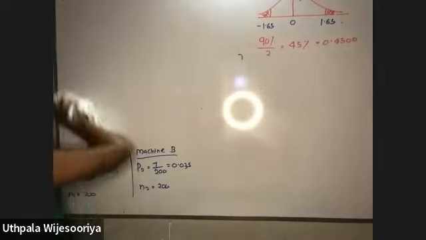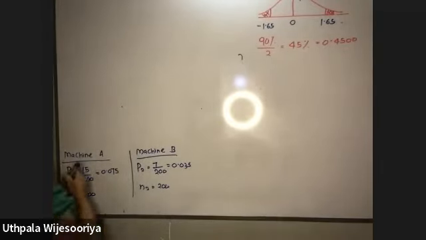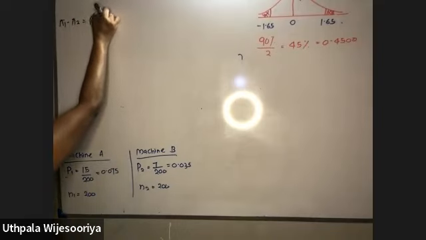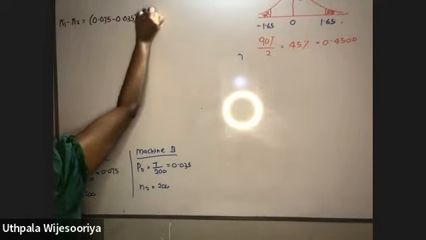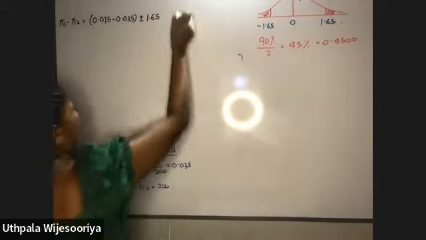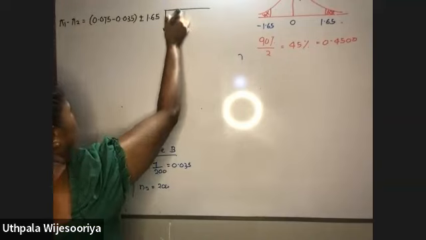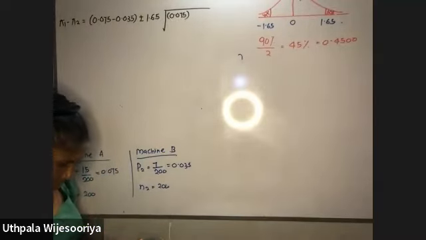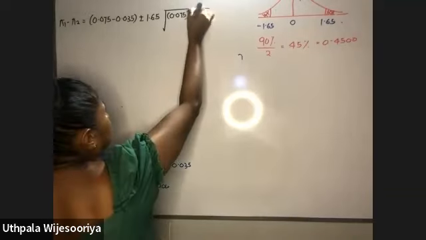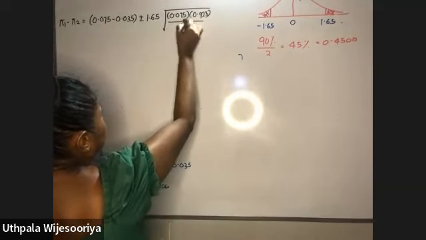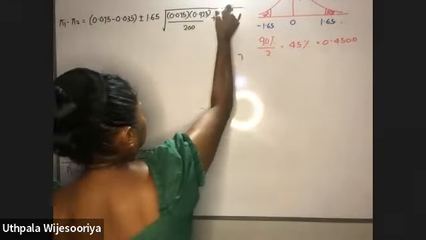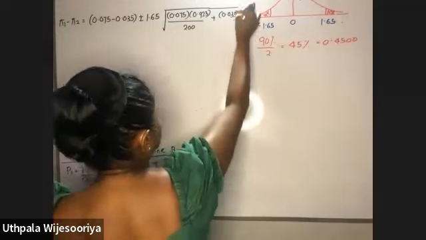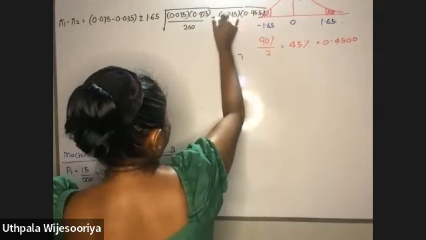P1 minus P2 is 0.075 minus 0.035, which is 0.04, plus or minus 1.65 into the square root of 0.075 into 0.925 divided by 200 plus 0.035 into 0.965 divided by 200.